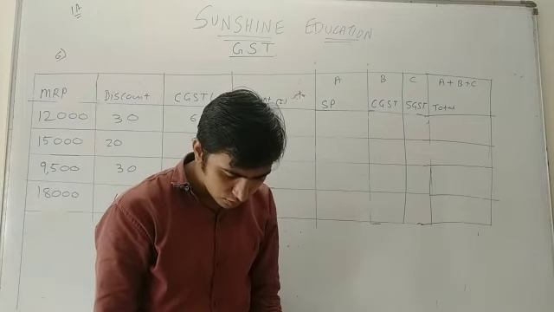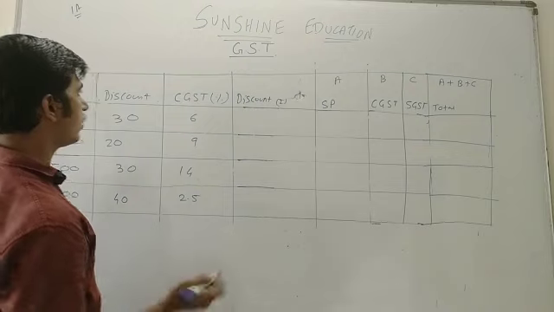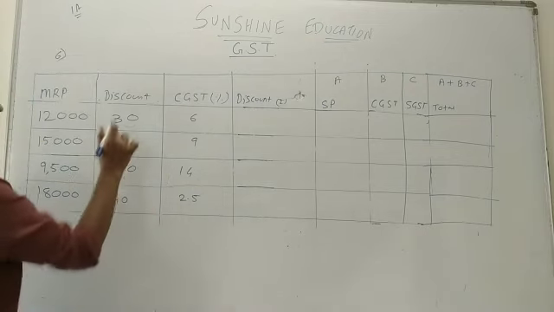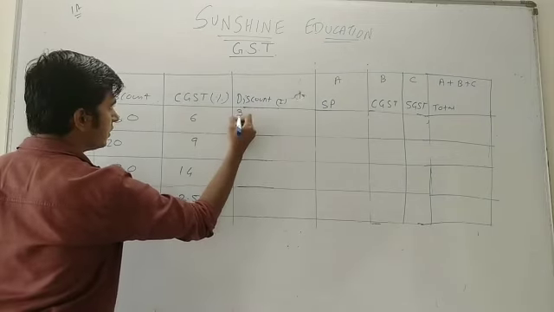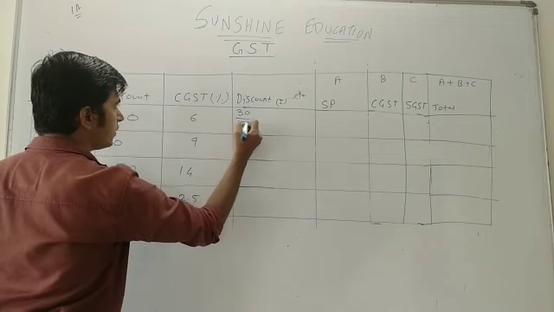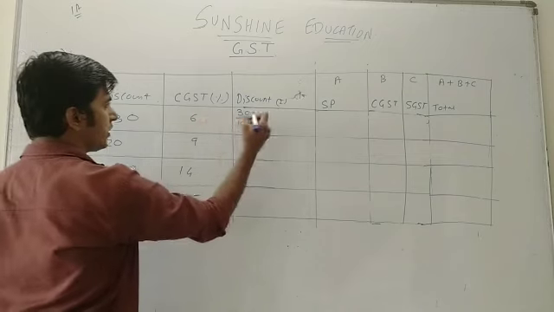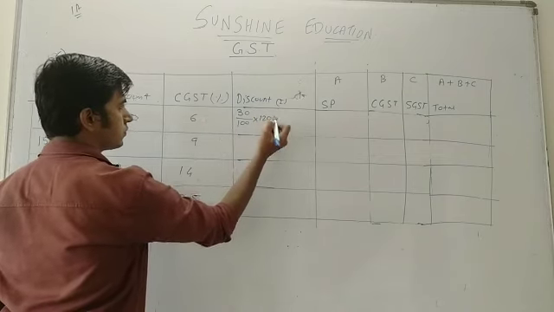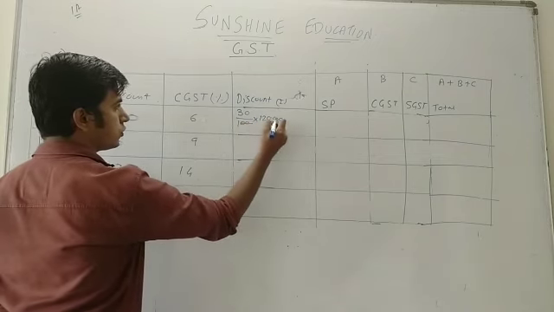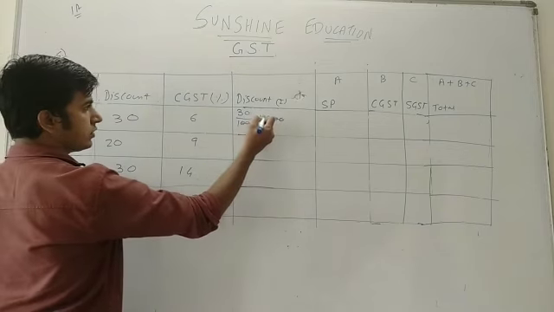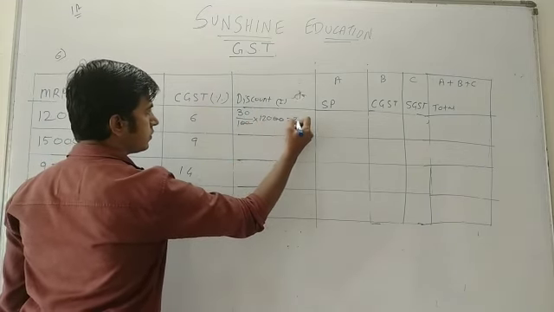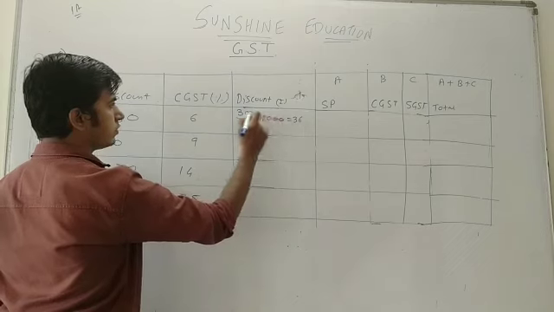So that would be easy for me to solve. And what is the question? Find the amount of the bill. So let's start. First of all, I will find out the discount. Discount is 30%. So 30 upon 100 multiplied by the mark price, that is the MRP 12,000. So these two zeros cancel. 12 3s are 36, 0 0.